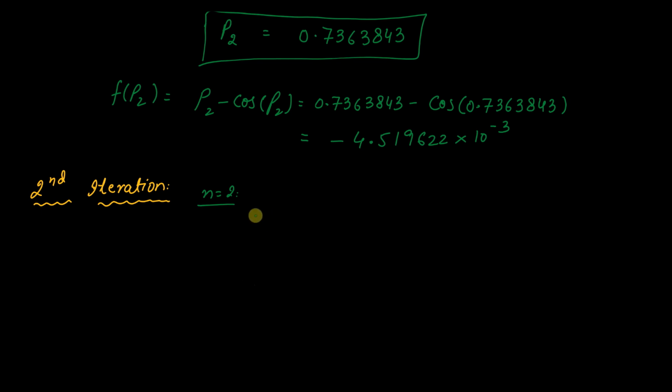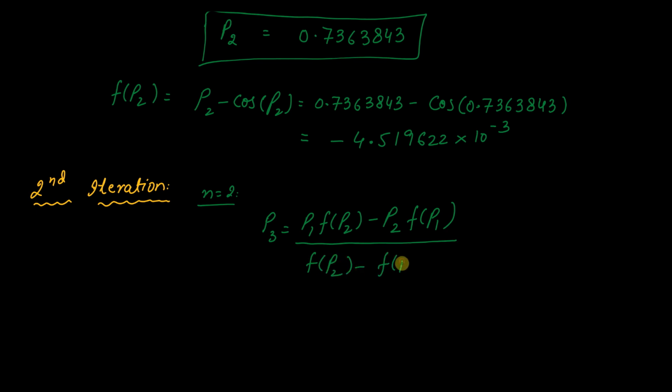So the customized formula will be P3 equals P1 f of P2 minus P2 f of P1, and in the denominator we have f of P2 minus f of P1. So we need to substitute the values.